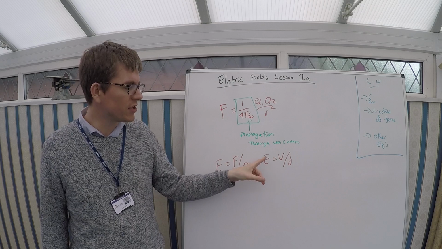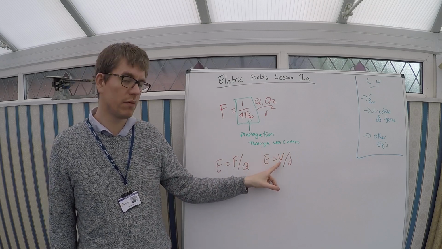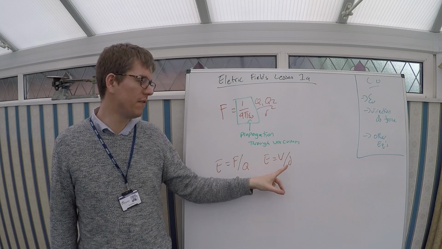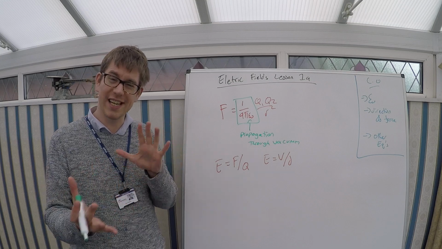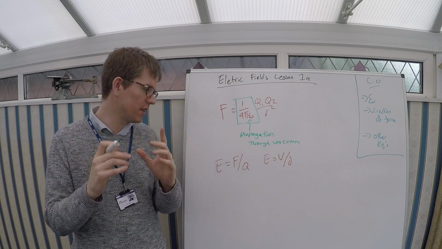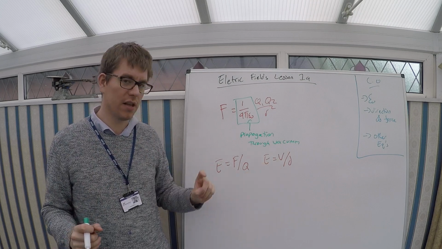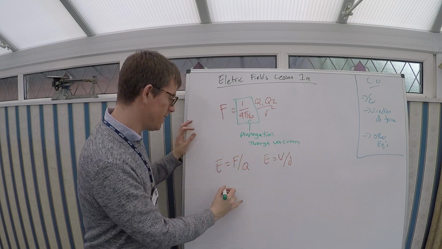But electric field strength is also equal to the potential, which remember we wrote as V, divided by the distance. Exactly the same as gravitational field strength. The closer together the field lines are, the closer together the potential is, for a given distance, the higher the field strength. But there's a really neat trick we can do. Because these are both E, we put them equal to each other.